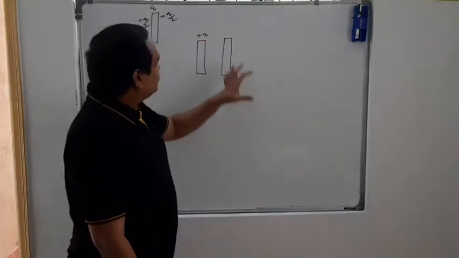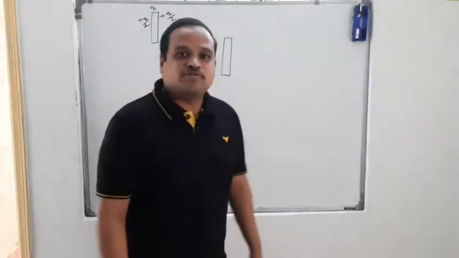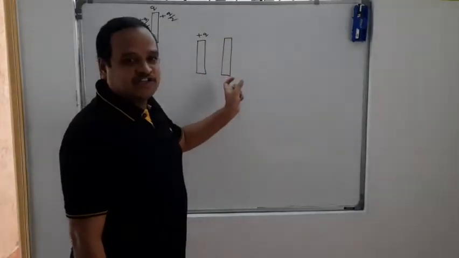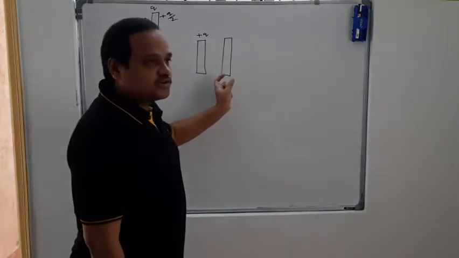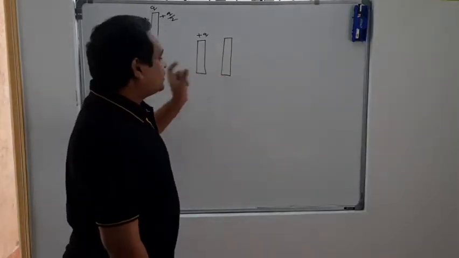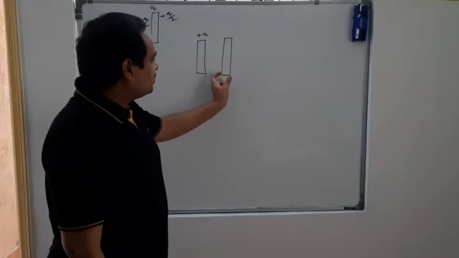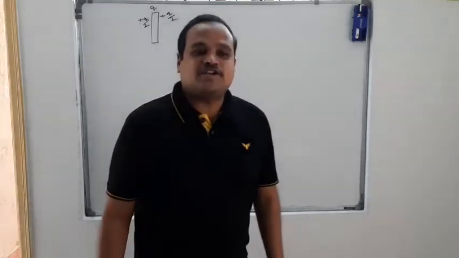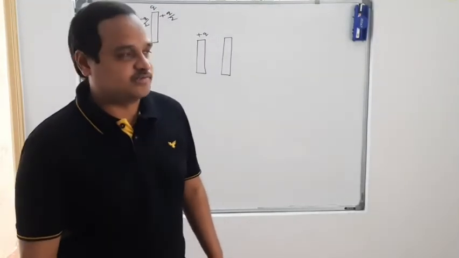So the total charge on this neutrally charged body is always 0. If a neutrally charged body is brought closer towards a charged body, what changes occur? Let us discuss that.